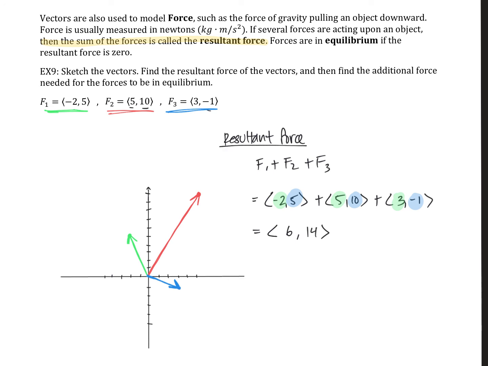Next, what do we need to find? We need to find the additional force that requires the forces to be in equilibrium. So what does that mean? Well, that means the resultant force should come out to be 0.